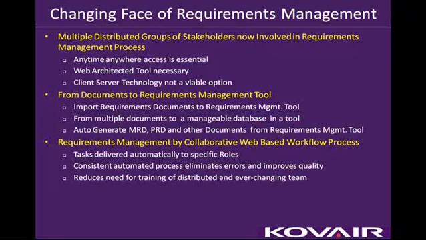Number 3, and this is also an outcome of expanding your requirements management group: because the group is so large and maybe distributed all over the place, you need to have a process for requirements management. Again, when it was just two guys, the process was not that important. Actually, process was possibly a big overhead.